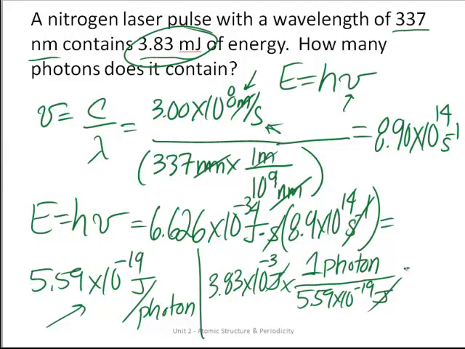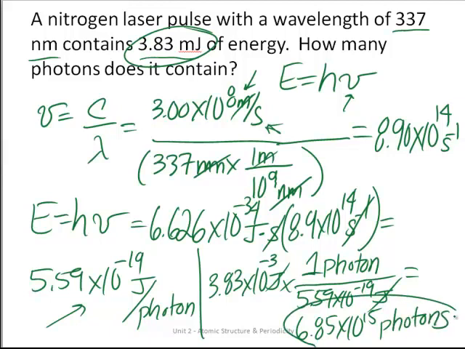Joules are going to cancel out, and what that is going to give us is a value of 6.85 times 10 to the 15th photons. So in one pulse of this nitrogen laser, we have 6.8 times 10 to the 15th photons.